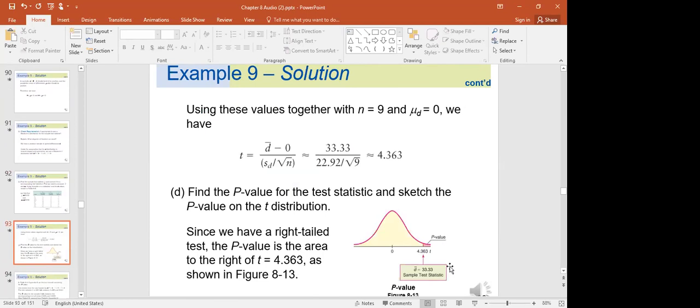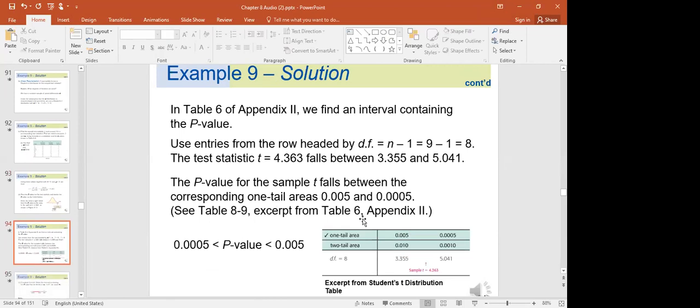So we have here the test value is 4.36. Remember on Excel, we had it as 4.36. And the p-value is not generally computed here, as I told you, it is a range of values, but we know from Excel that it is 0.